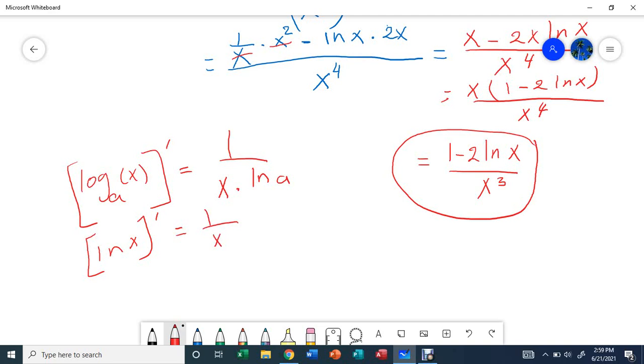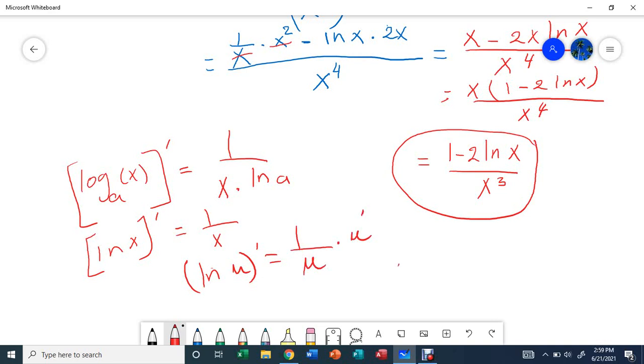Now combine the natural log derivative with the chain rule. If you have ln of u, and u can be a function, the derivative will be 1 over u times u prime. And u can be anything.